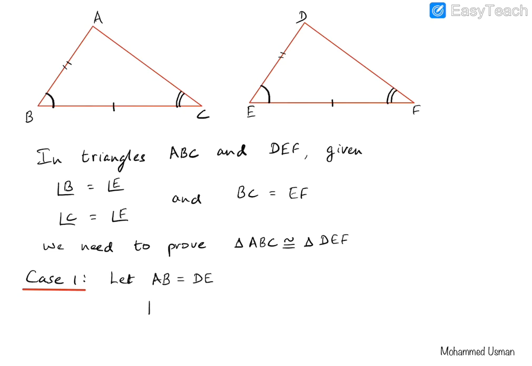So AB equals DE, that is our consideration. We have angle B equals angle E, that's our given condition, and we have BC equals EF, that's also a given condition. The base of the triangle BC equals the base of the second triangle EF, so that is nothing but one side equal, one angle equal, and another side equal, so that is the SAS rule.